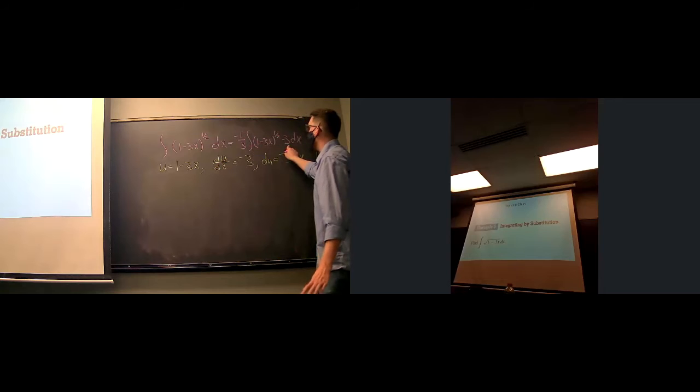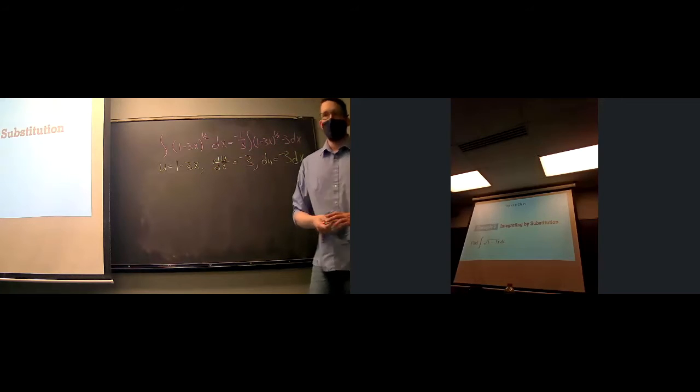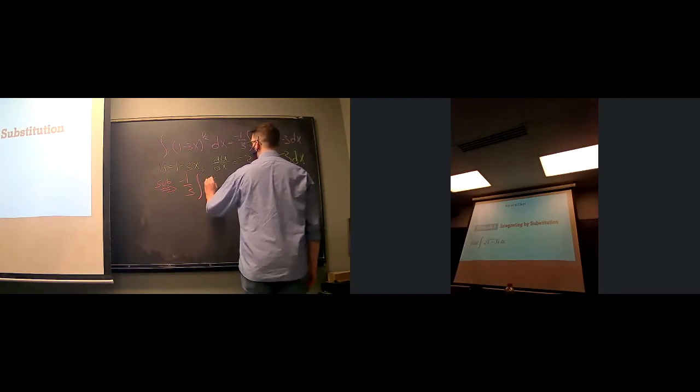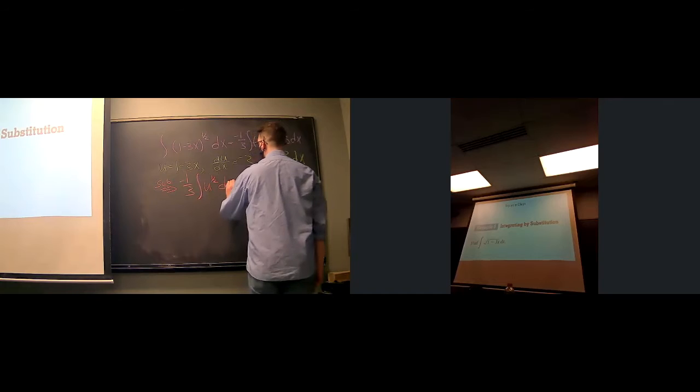Absolutely nothing to the algebra. We just rewrote 1 as -1/3 times -3. Now, this tells us with U sub we have negative 1 over 3 times u to the 1/2 du.